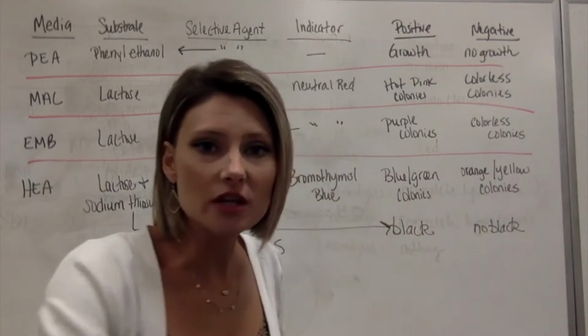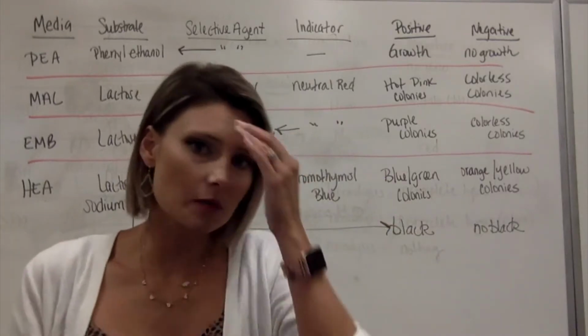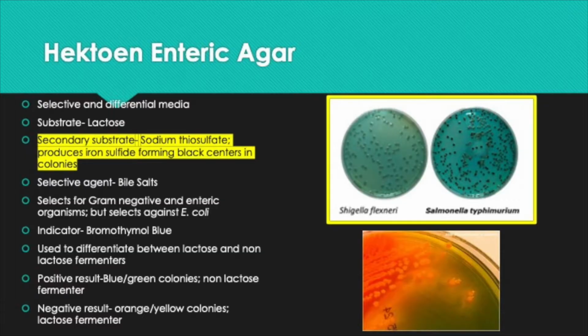So if you're not confused yet, let's continue on with the secondary substrate, which is sodium thiosulfate. Okay? So there's sodium thiosulfate in the media. Some bacteria can take the sodium thiosulfate and turn it into hydrogen sulfide, which is H2S. Some can, some can't. The H2S reacts with iron that's in the media and turns into iron sulfide.